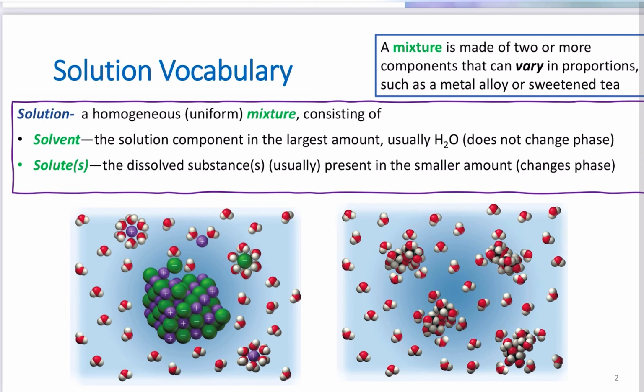So in general chemistry, this is usually going to be water. Not always, but it will usually be water. Your solute is the dissolved substance that's usually present in a smaller amount, but it will absolutely change phase. So if you have salt water, the salt is your solute, the water is your solvent.